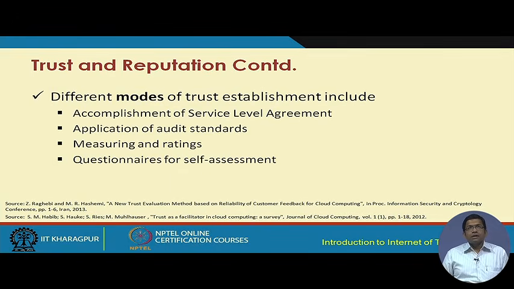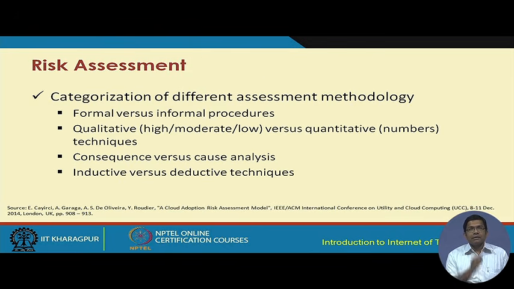There are different modes of trust establishment. These include accomplishment of service level agreements, whatever service level agreement exists. Then application of the audit standards that are out there, whether they have been adequately applied or not. Measuring and rating, and questionnaires for self assessment. These are the different levels of trust establishment that have to be there.